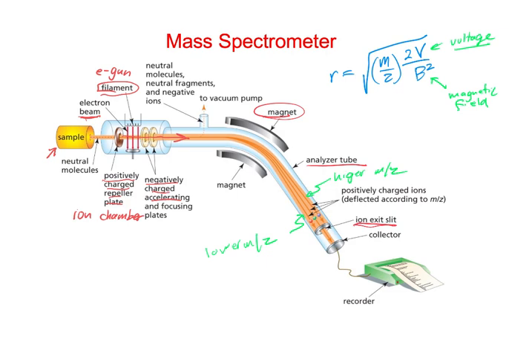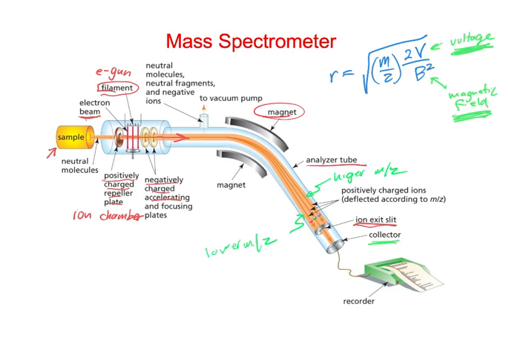Okay? So what we do essentially is we can scan either the voltage or the magnetic field and essentially bend this array of ions across the exit slit and scan through all the different mass to charge ratios. Okay? So once they come through, then we can collect them at the detector, and we'll just record how many of each of the ions that we get.